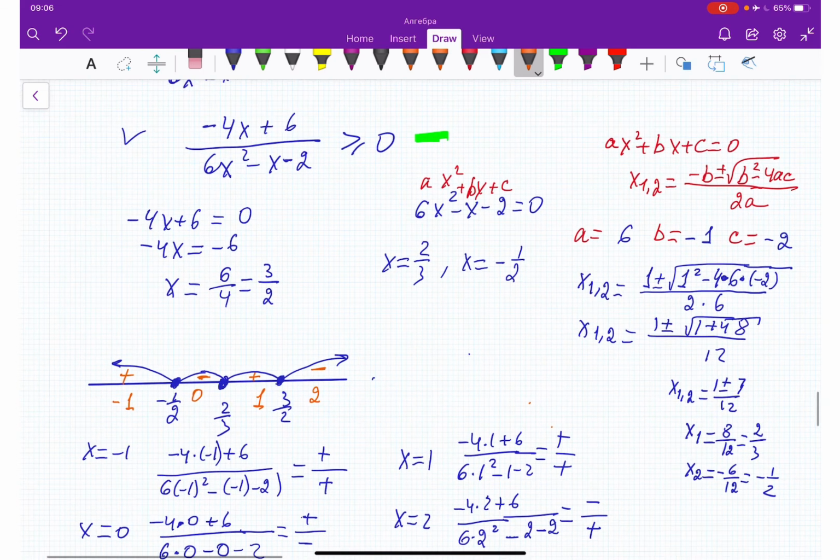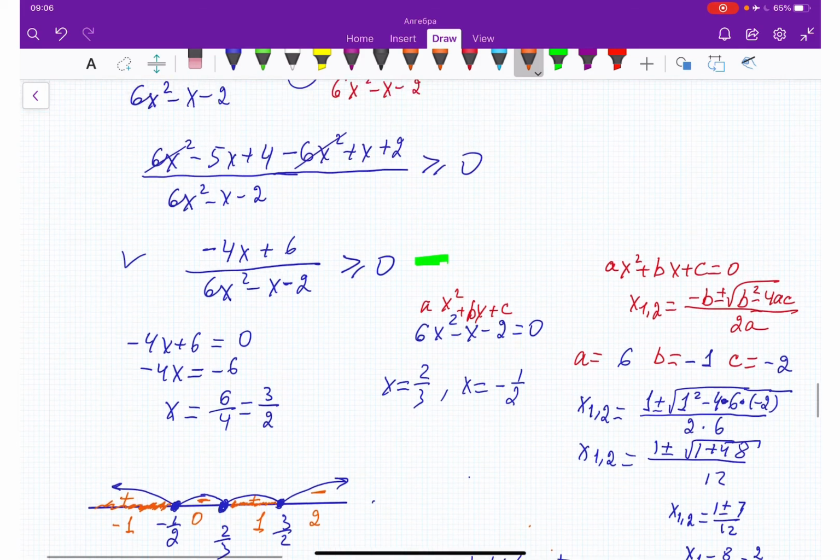So what is going to be a solution? The interval that is positive, because we need greater than 0, which is going to be this one and this one. Okay.